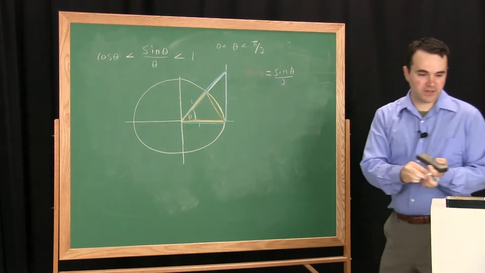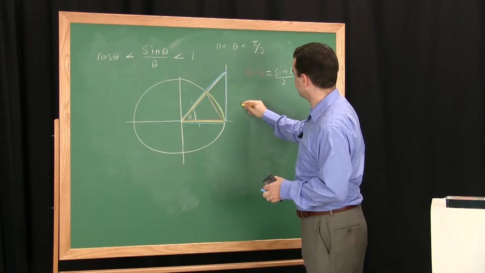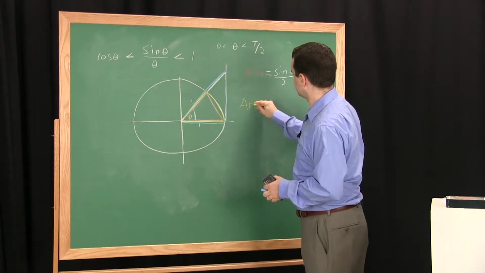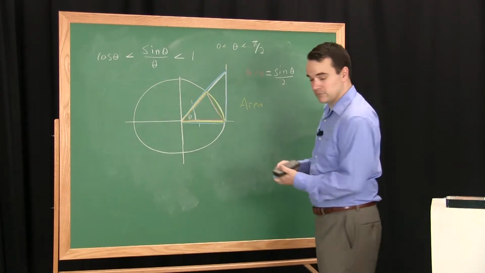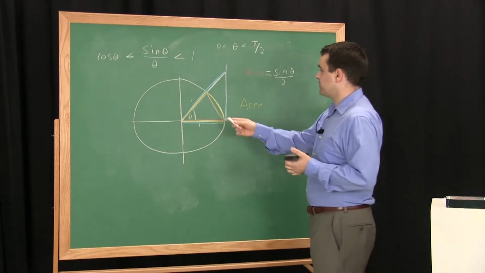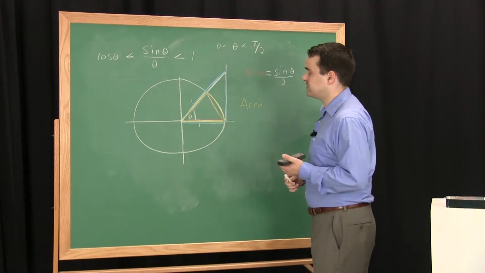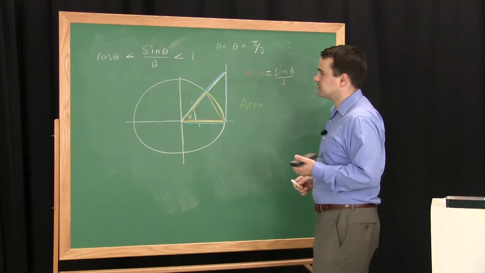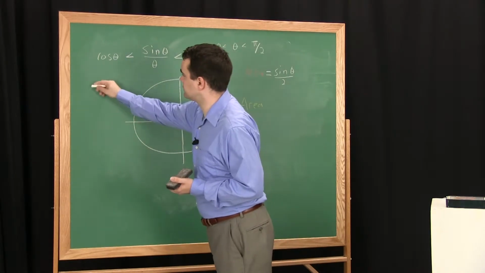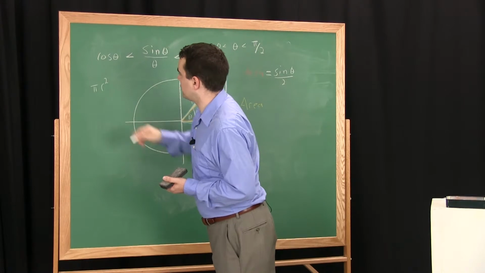Next, I want to find the area of the pizza slice. And for this one, well, I have to know the formula. And you may remember that the area of a circle is pi r squared.